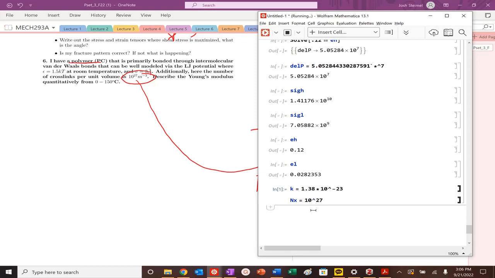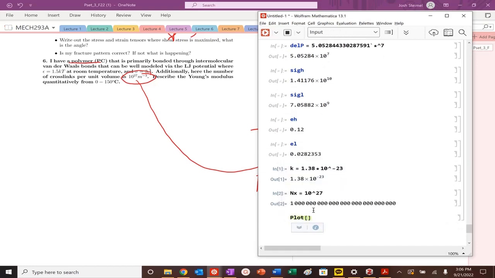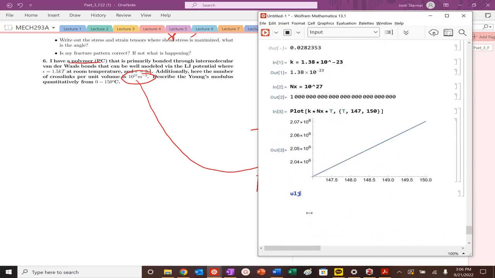Our Young's modulus is n sub x times k times T, plotted for T from 147, or a little bit above it, to 150. You see the value is about 2 megapascals, so it's a somewhat flexible polymer.